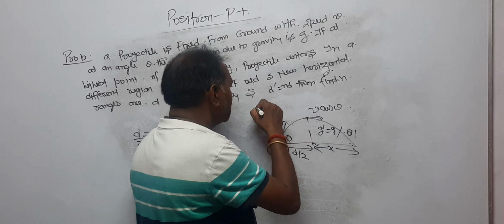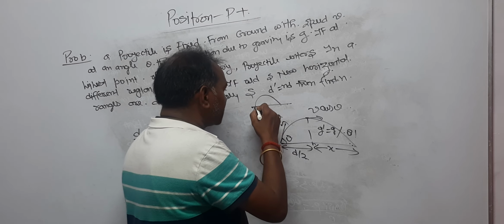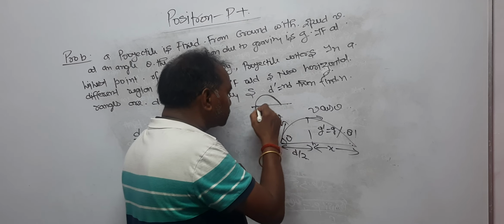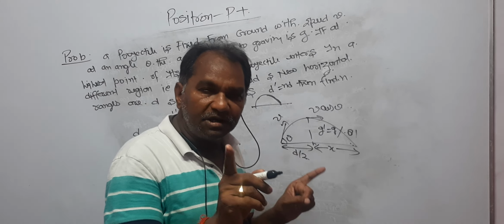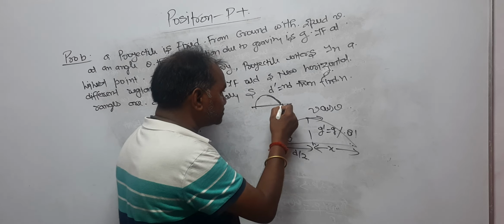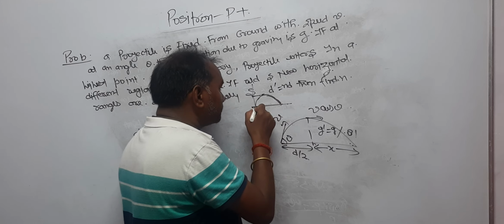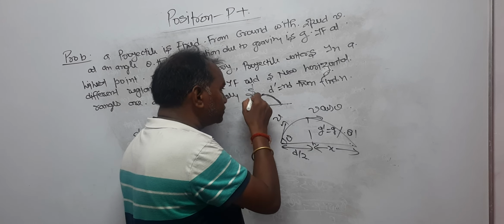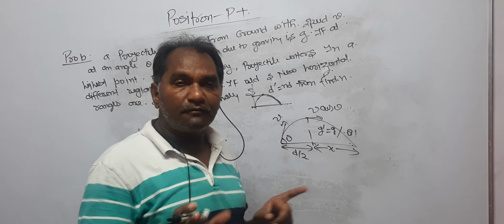In projectile motion, the time in which the body travels through this curvature, in the meantime the body travels this much horizontal distance, goes up to the maximum height and comes down. It means the time of flight is what?